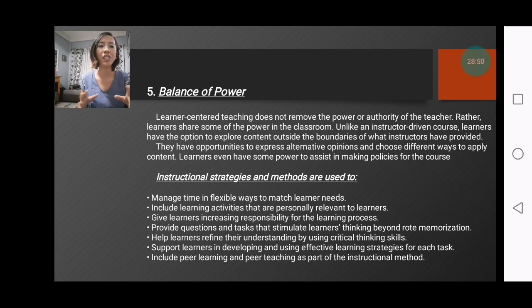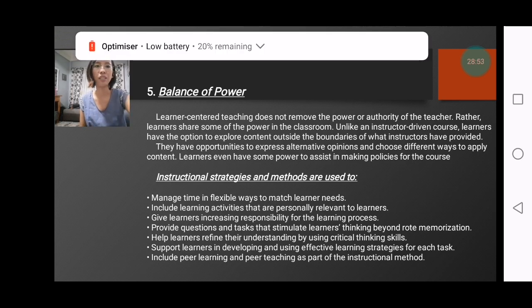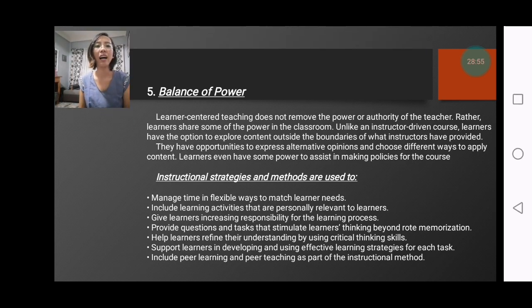And then give learners increasing responsibility for the learning process. Precisely. Here, when instructional strategies and methods are well specified, then there is no possibility for learners to keep asking for considerations, for extensions, and so on and so forth, because it's clear even before you have asked them to do activities, because there's already an existing method to follow.